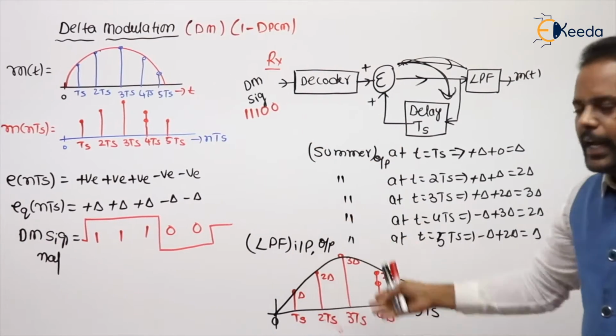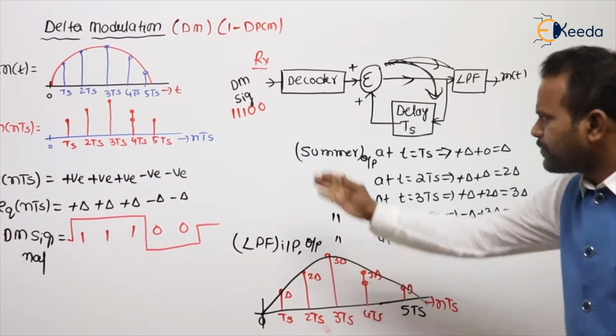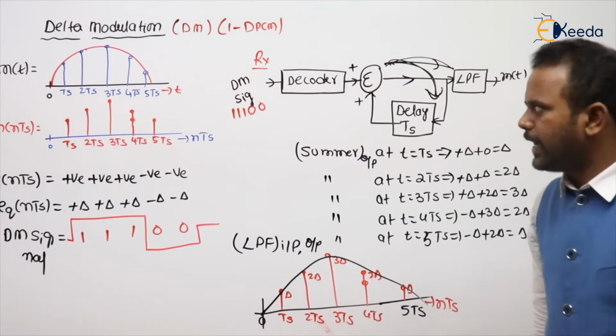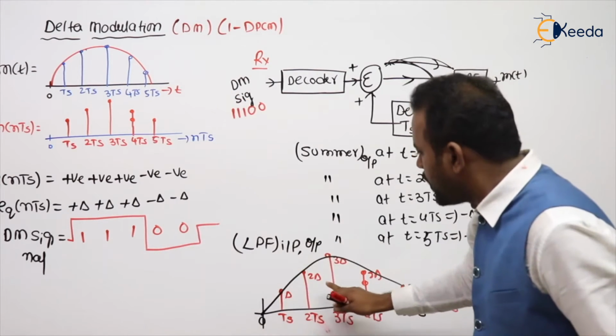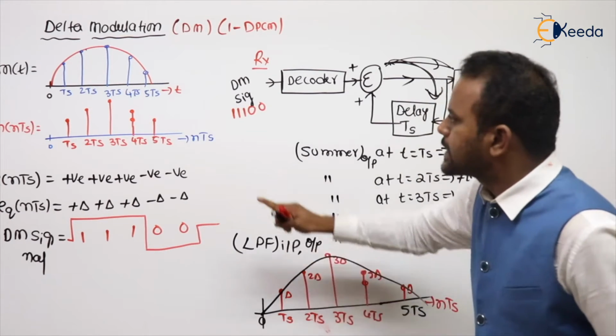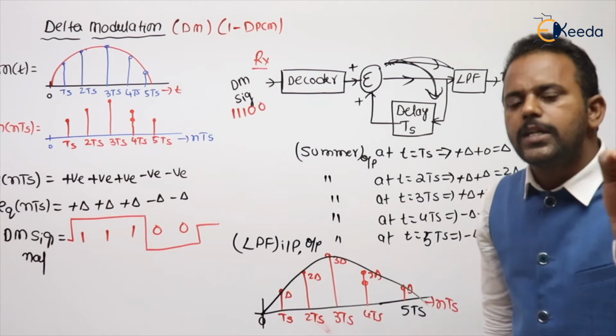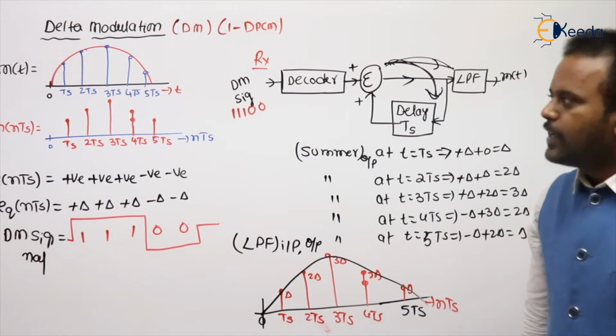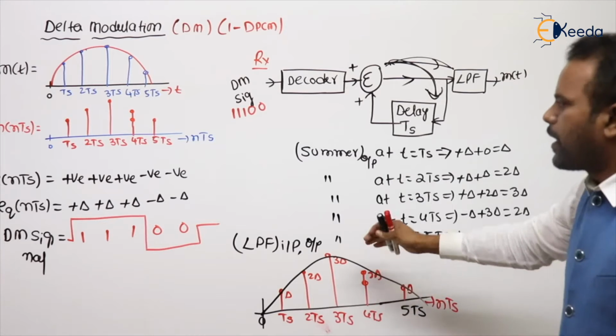Maybe there are writing mistakes, so the exact representation may be off in the hand drawing. But if you take the exact value of step size, we can reconstruct the signal exactly the same as the original message we transmitted. So this is the receiver block.